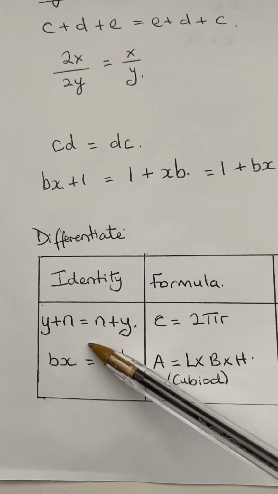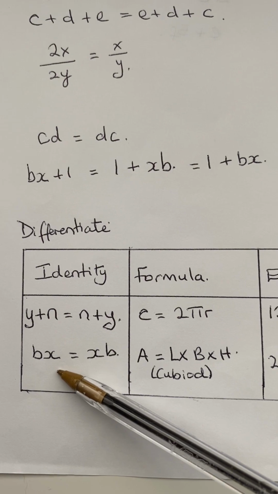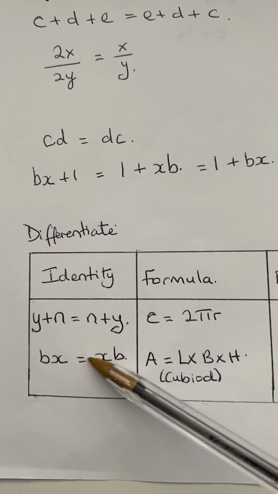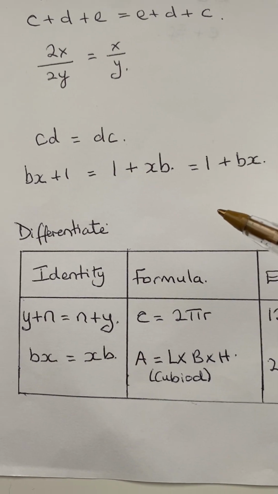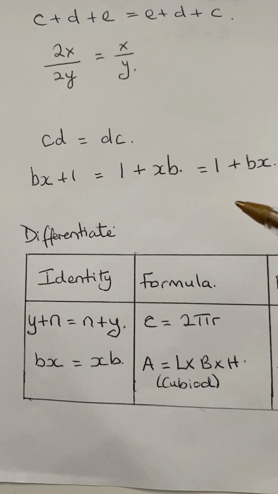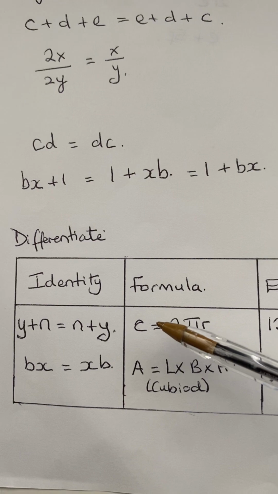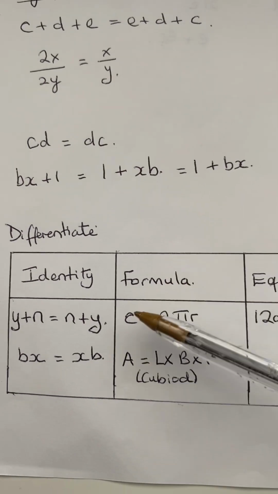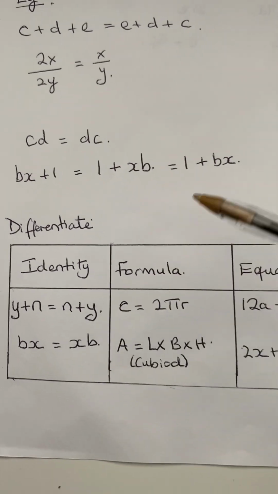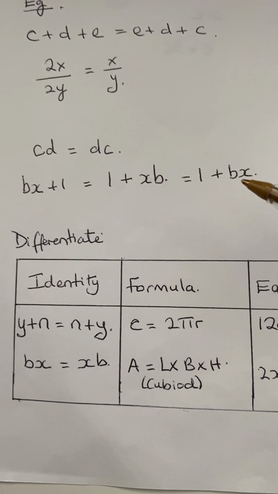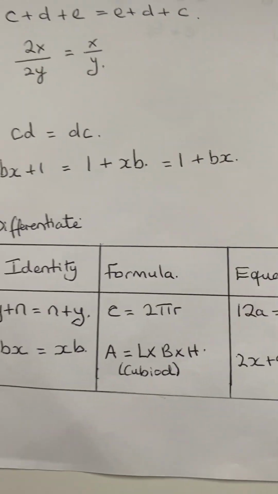And the identity I've just told you, like b plus a equals a plus b, they are the same. You remember when I was showing you algebra, I said you can leave your answer as this, or you can write it as that. It's the same thing.